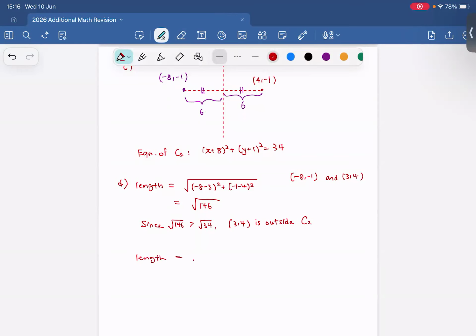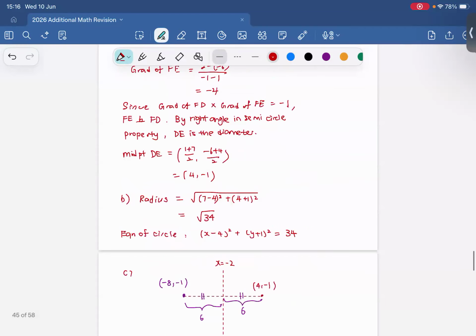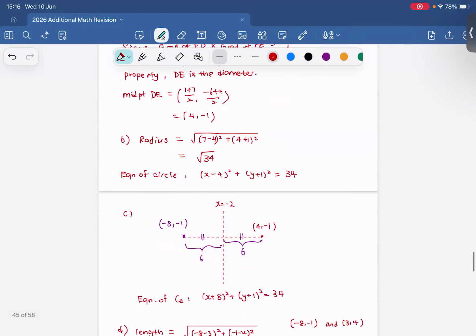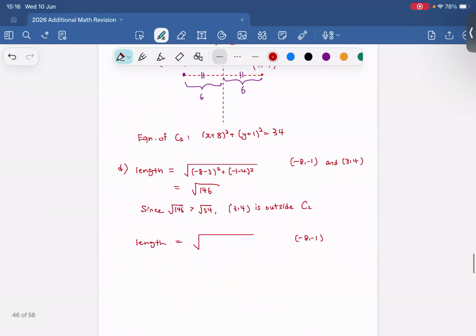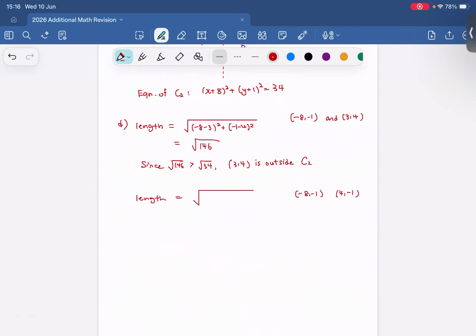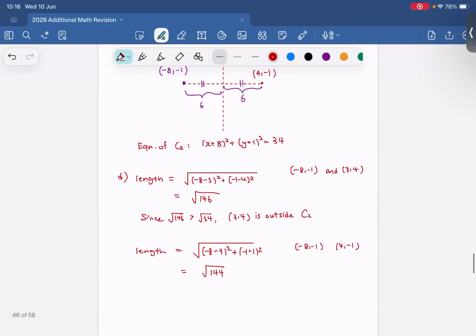Okay, C1, what are we testing? We are testing (-8, -1) with (4, -1). Why are both outside? Funny, why both outside? Yeah, I did it wrongly.